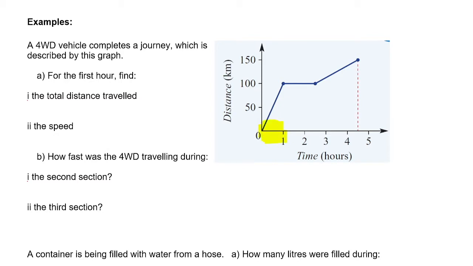That first hour is everything in this yellow section. So it's this line here that we're looking at specifically for this part of the problem. The total distance traveled is this distance, so we've got a distance traveled of 100 kilometres.